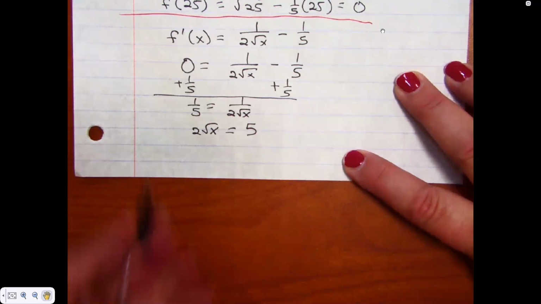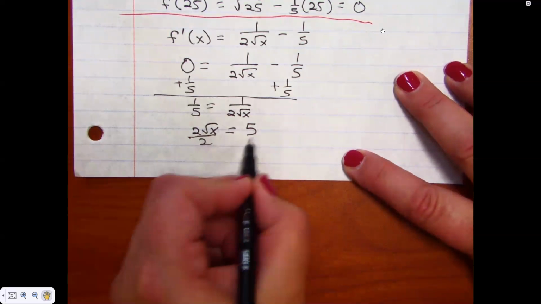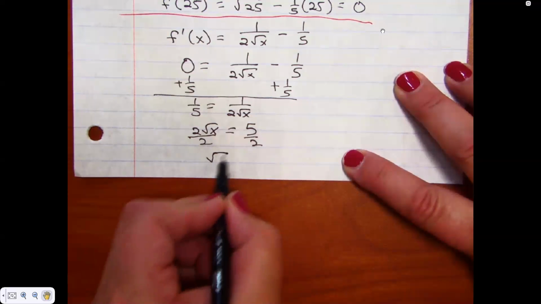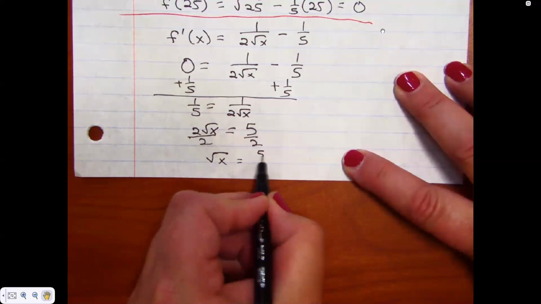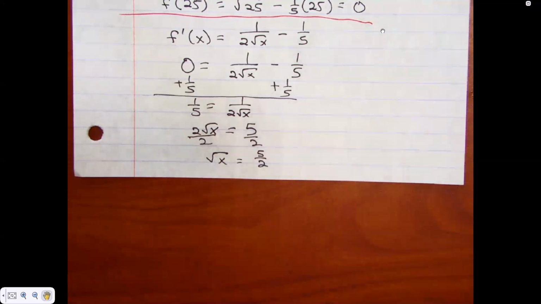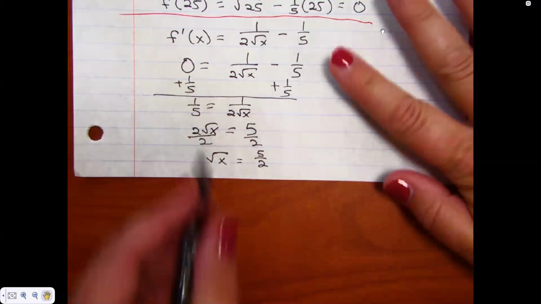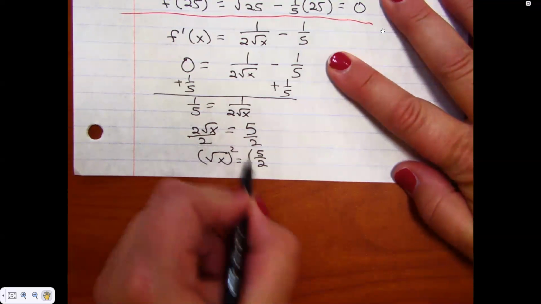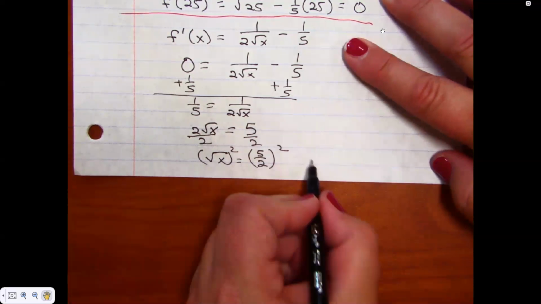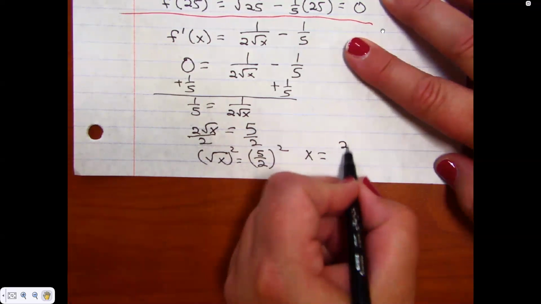Okay, 2 more steps, divide by 2. The square root of x equals 5/2. And then how do we undo a square root? Square both sides. So it's not necessarily a pretty answer, but x equals 25/4.